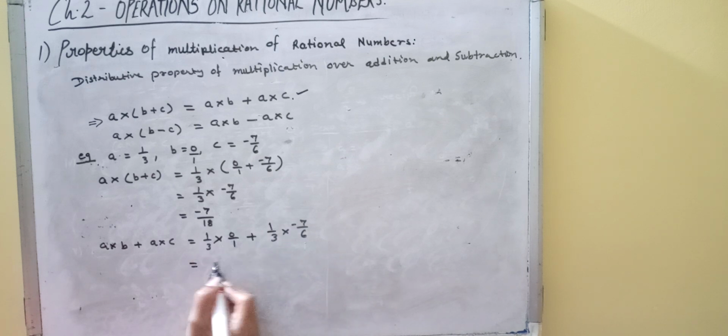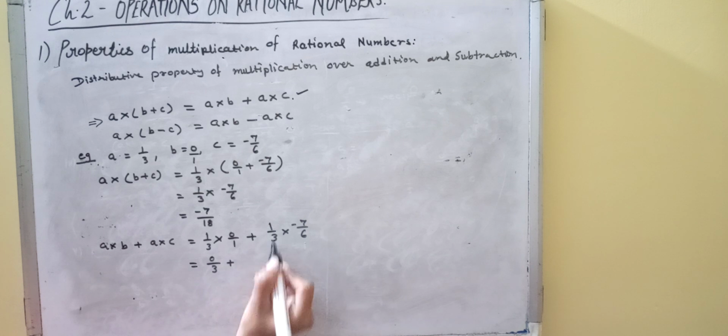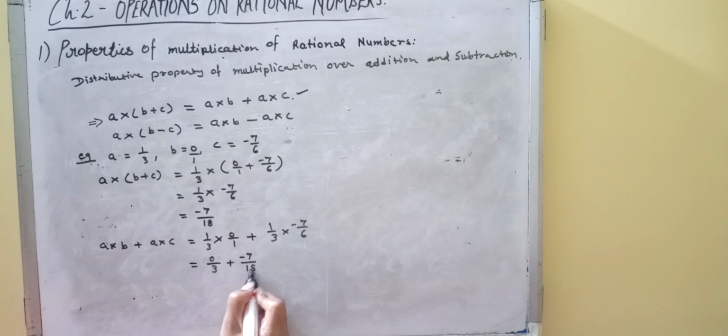So 1 into 0 is 0 upon 3, plus 1 into minus 7 is minus 7, and 3 into 6 is 18. So 0 upon 3 is 0, plus minus 7 upon 18. So we will get minus 7 upon 18.